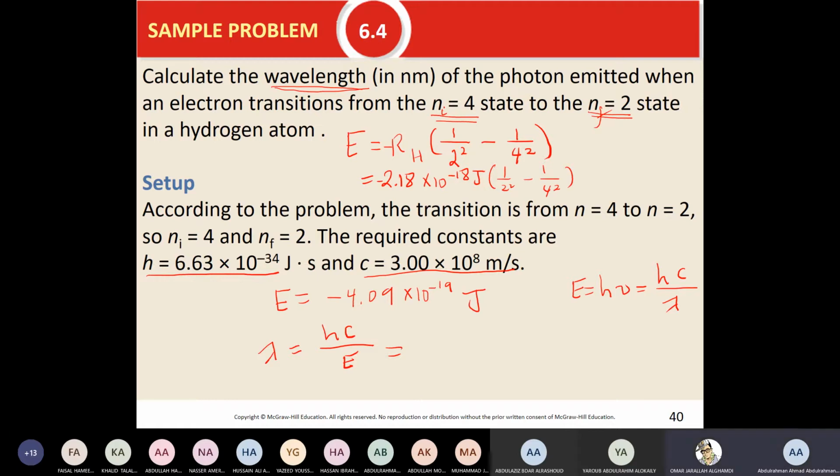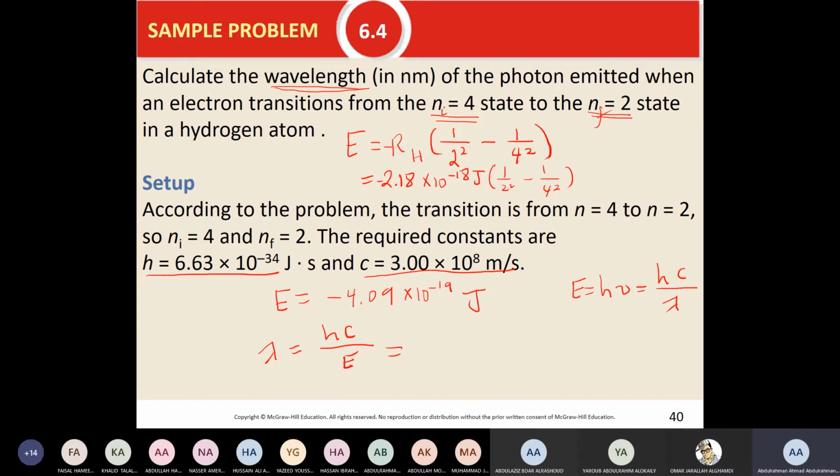Minus 4.86 times 10 to the power minus 7. Lambda without minus. Minus is to say that it's exothermic or endothermic. But when we say lambda, it will be positive because it's a wavelength, it's a measurement.